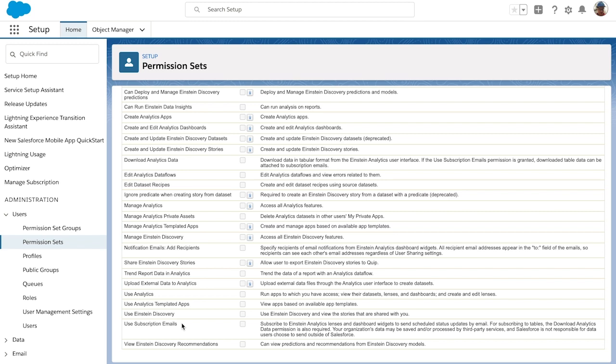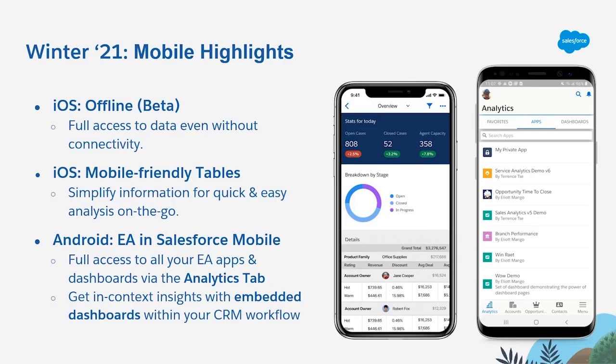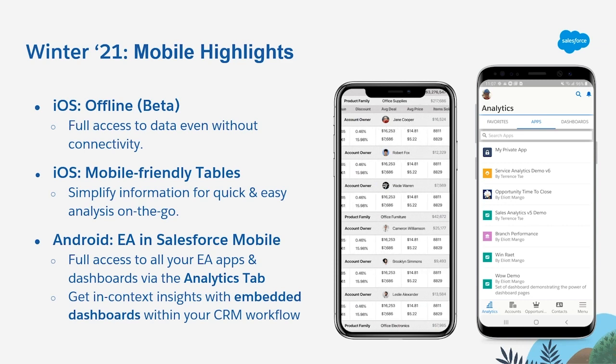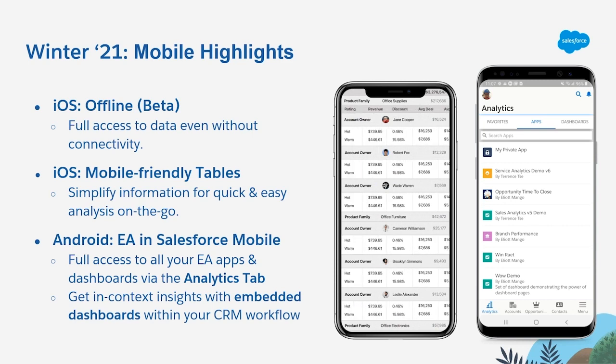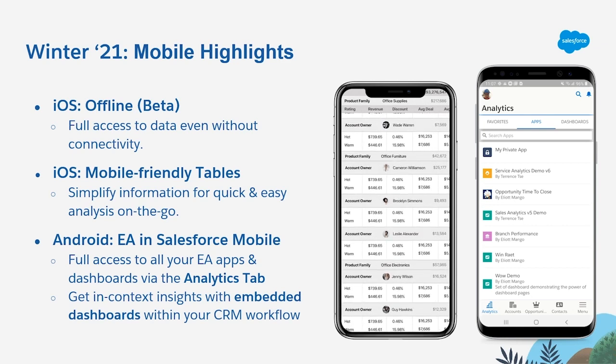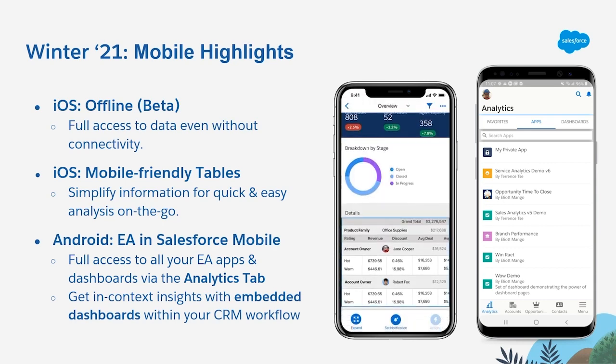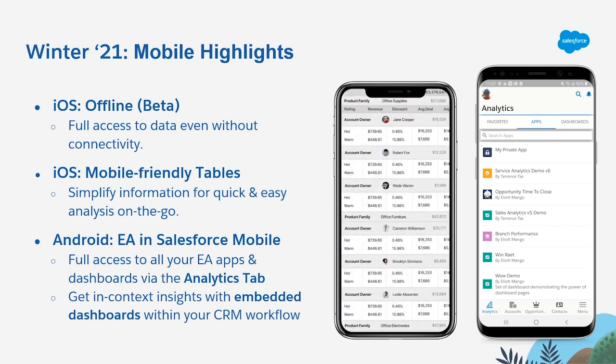Well, that's it for the demos, but let's quickly cover some exciting mobile updates, quick start templates, and Builder Pilot. Continuing with consuming anywhere, let's take a look at the exciting mobile updates. Mobile offline for iOS is beta, providing field reps, especially in health sciences, consumer goods, and retail, with full access to data even without connectivity.